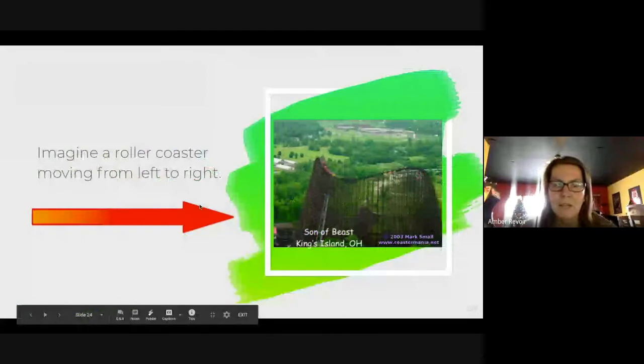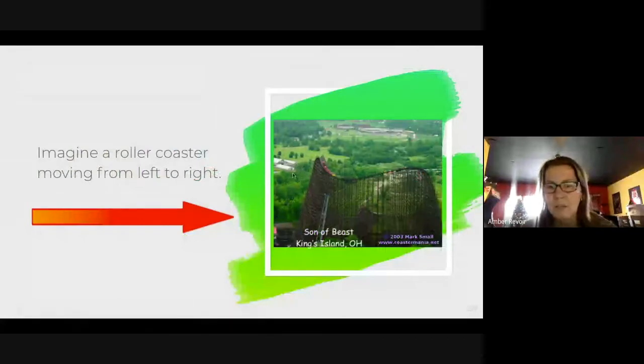Looking at this picture and moving from left to right, we see that over here the riders are in a negative slope. They're going down the hill, right? And then it's going to even out here, flatten out, and then they're going to start their ascent. They're going to go back up. And this is going to be a positive slope here, right? Going down is that negative slope, descending, and going up here is that positive slope.